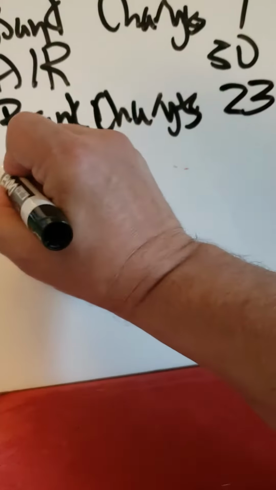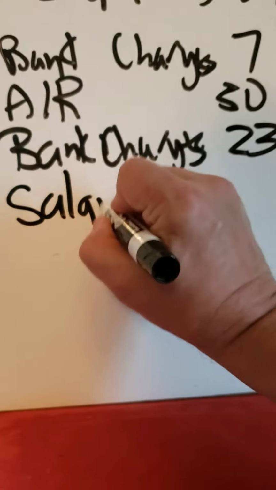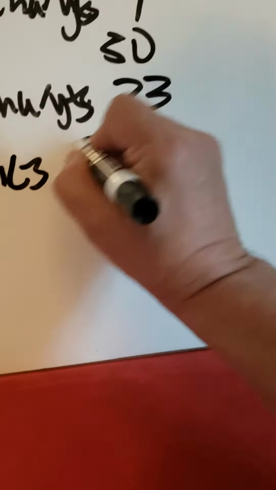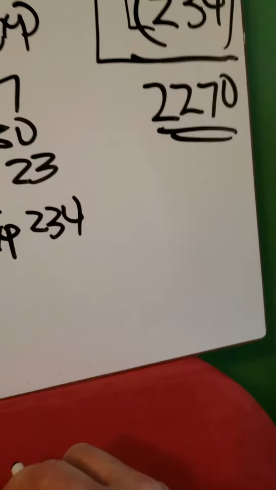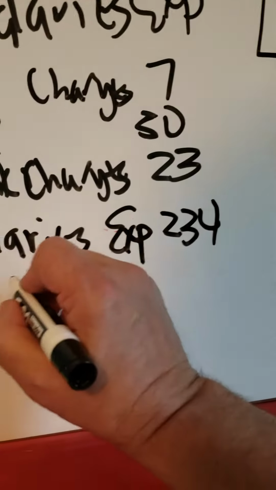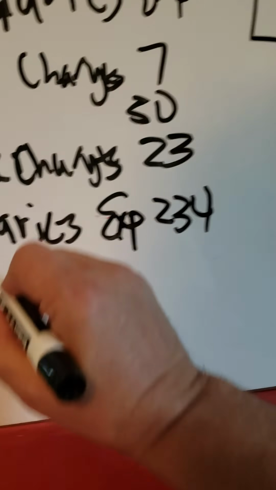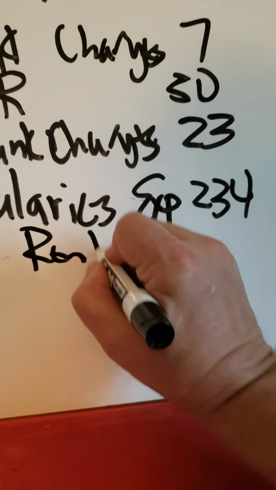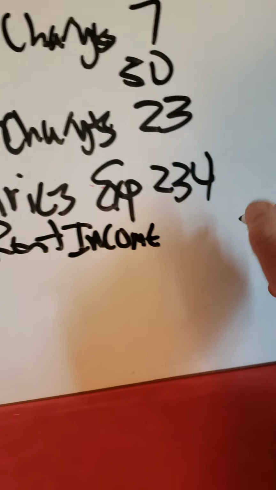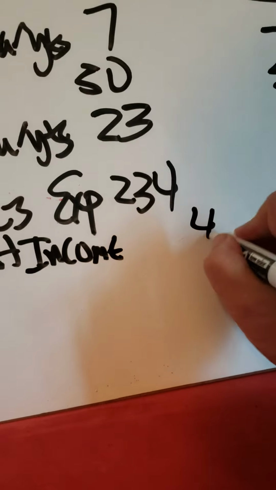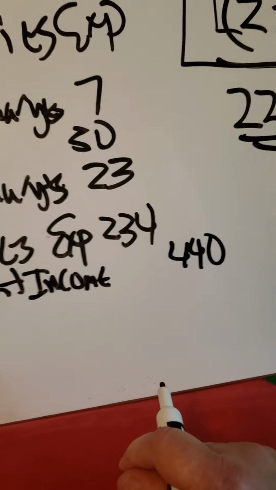This salary expense needs to go against my salaries expense. This 440 needs to go as rent income of $440.